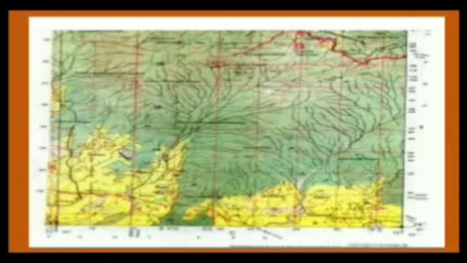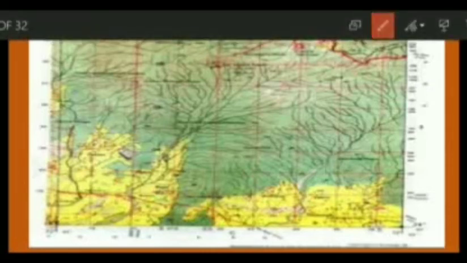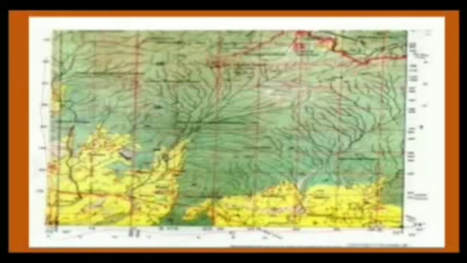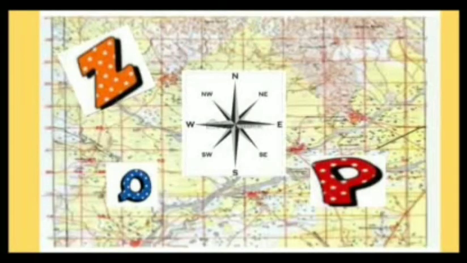Now this is the topo sheet, part of it. You will find that here the numbers are given on this side, and in between anything can be asked. Suppose the direction of this place and this place. So you have to see the direction. Now you have to give the direction.